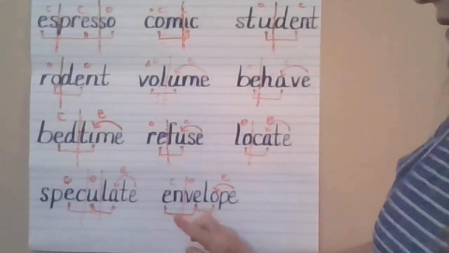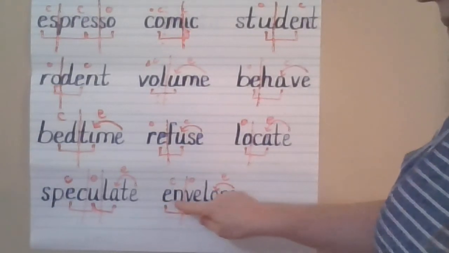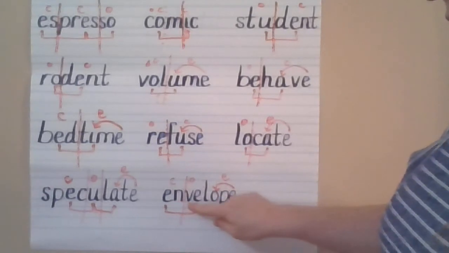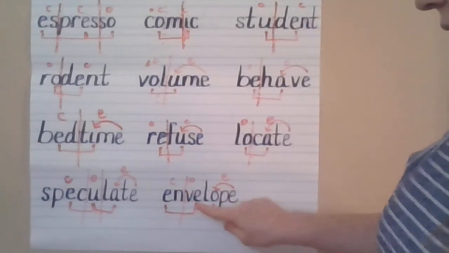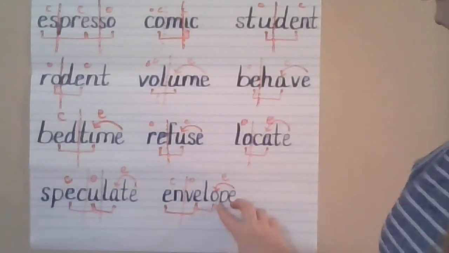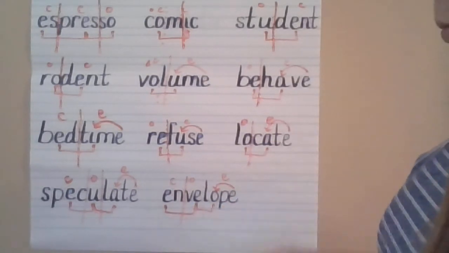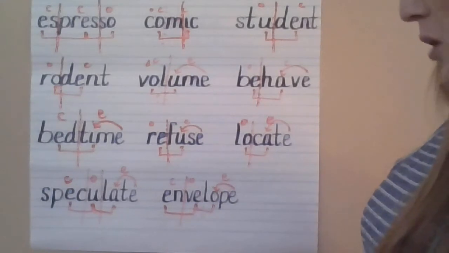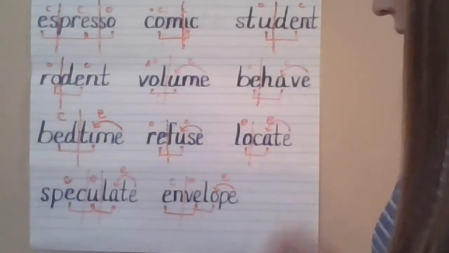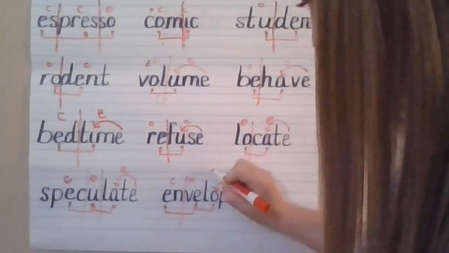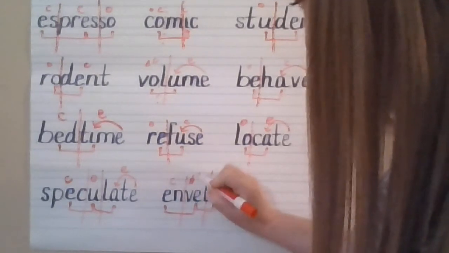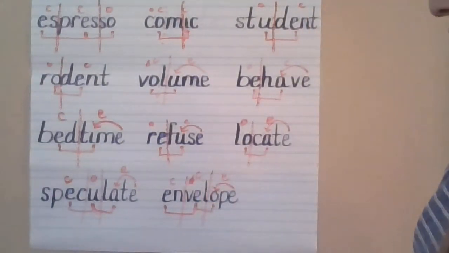So let's read. En, vel, ope, lope. Envelope, envelope. Oh, that does not sound right at all. Let's try it after and make this a closed syllable.